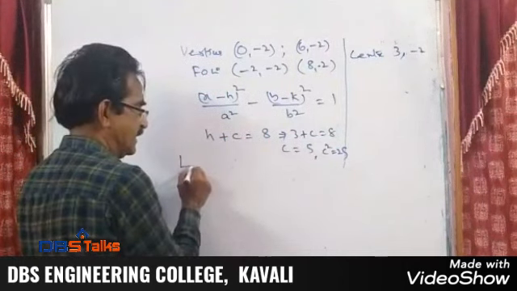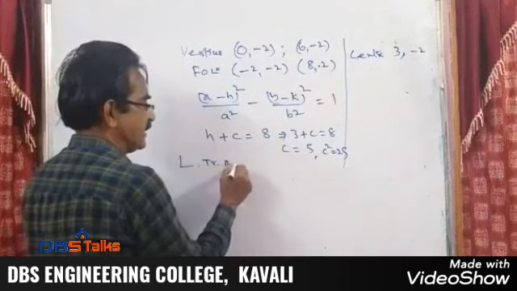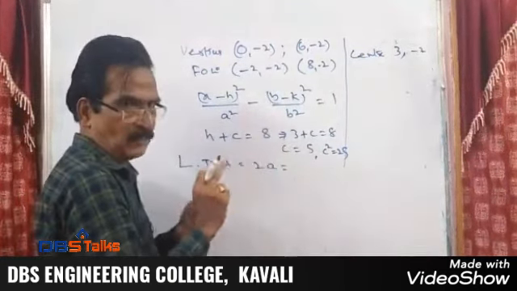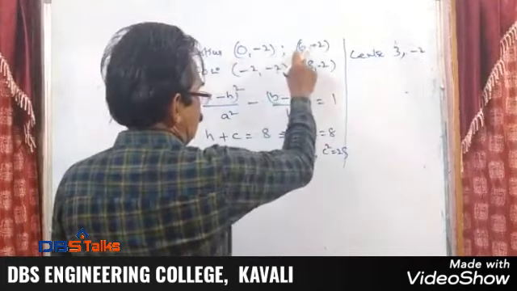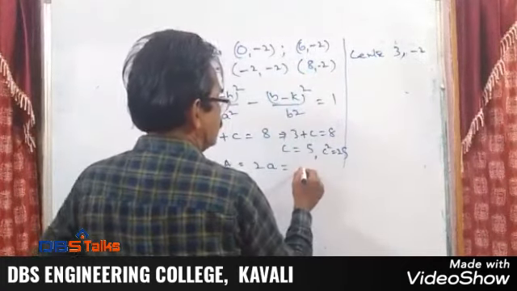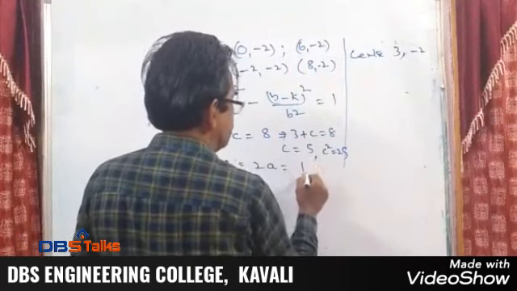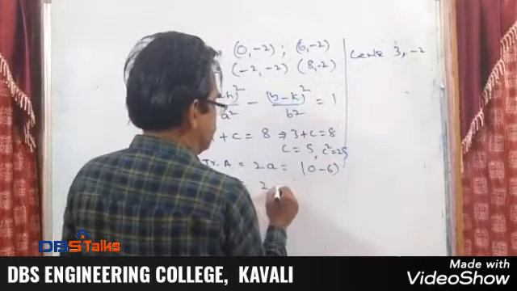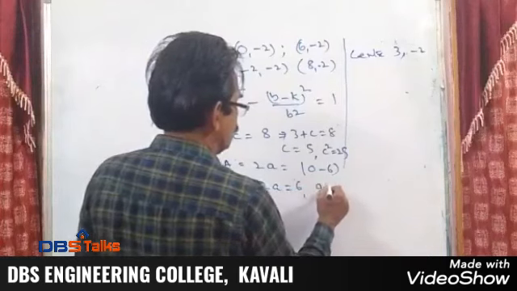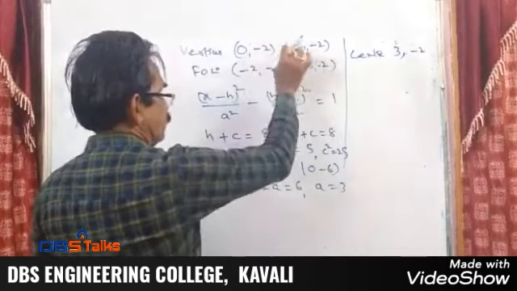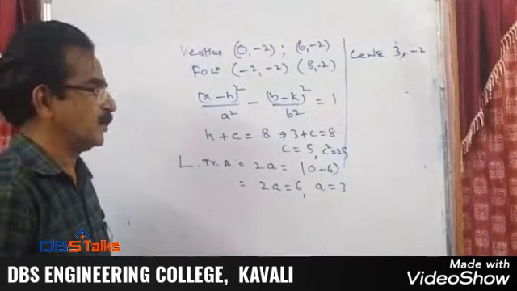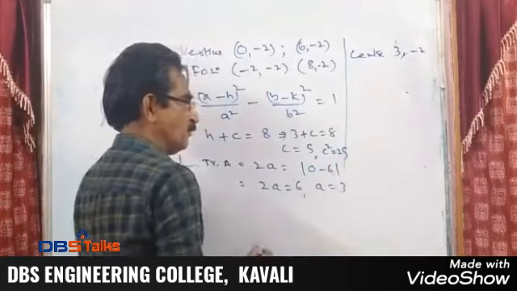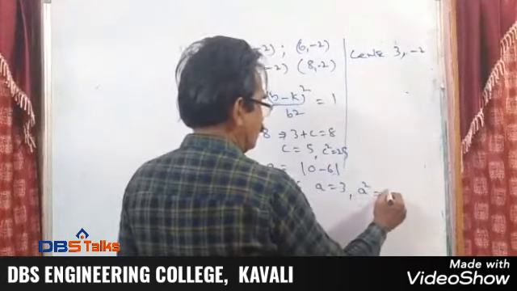So 2a is equal to mod of 6 minus 0, which is 6. 2a is equal to 6, a is equal to 3, a square is equal to 9.